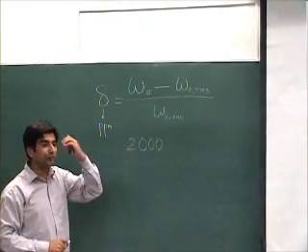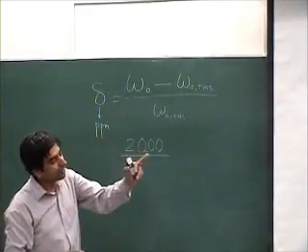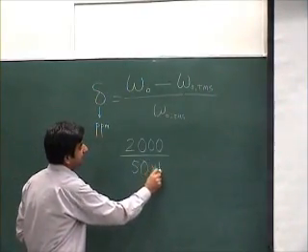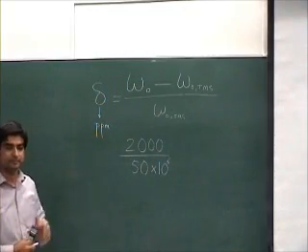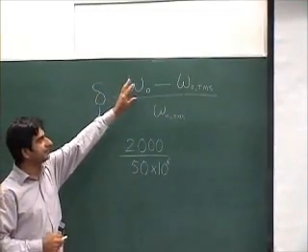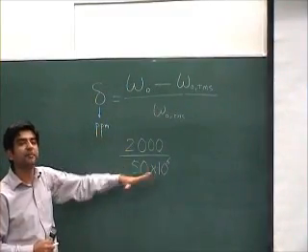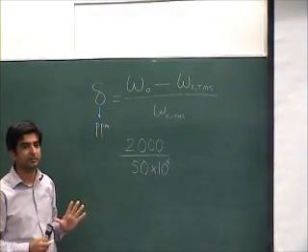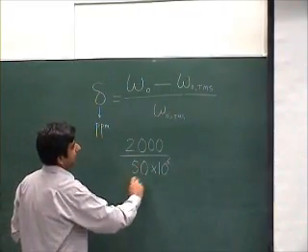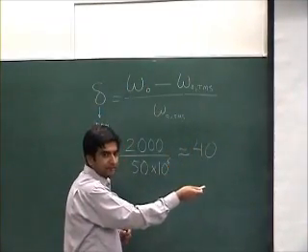Now if you divide this frequency separation, which is in absolute units, with the Larmor frequency of TMS, which is 50 MHz, so in order to convert a frequency difference into the delta scale, we just take the frequency difference and divide it by the reference frequency. And this turns out to be 40 ppm, or 40 times 10 raised to the power minus 6.